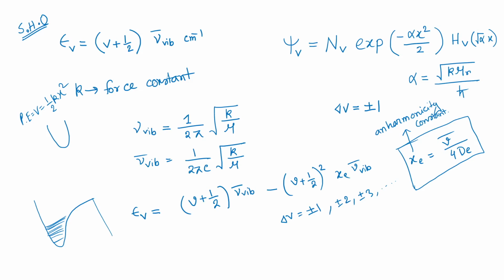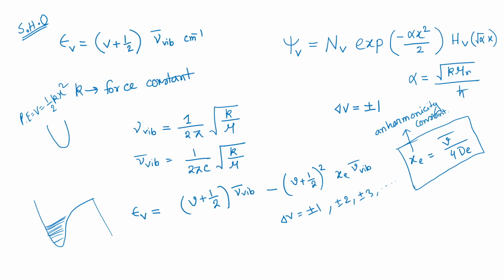At room temperature it can take any values: J equal to 0, 1, 2, all these values are possible. But in the case of vibrational, only v equal to 0 is possible, right?